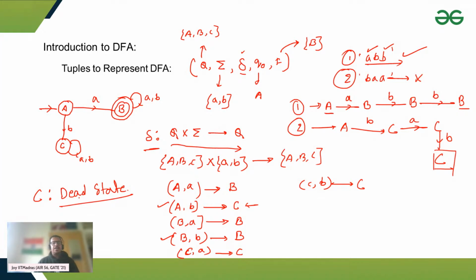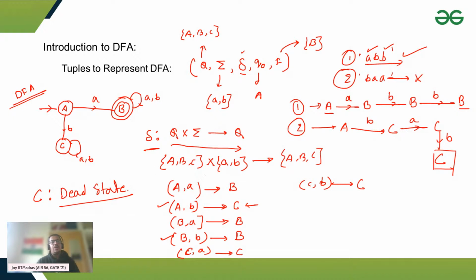C is not a final state. That is defined by me. In the language itself, it is given that. See, this DFA we have taken as arbitrary, right? This is one of the arbitrary DFAs. Suppose our condition is that A is the initial state, B is the final state, and C is some other state with these production rules.